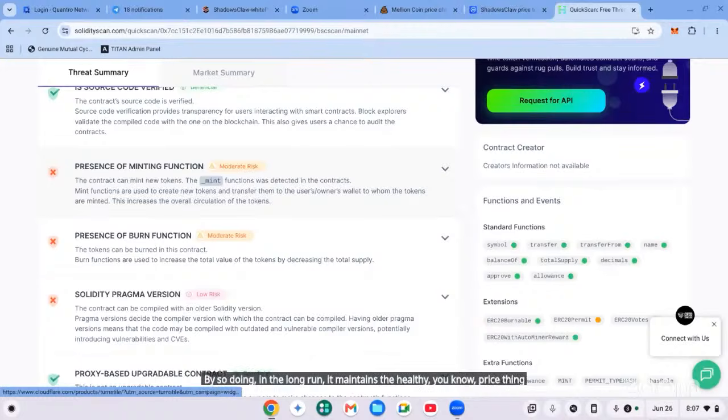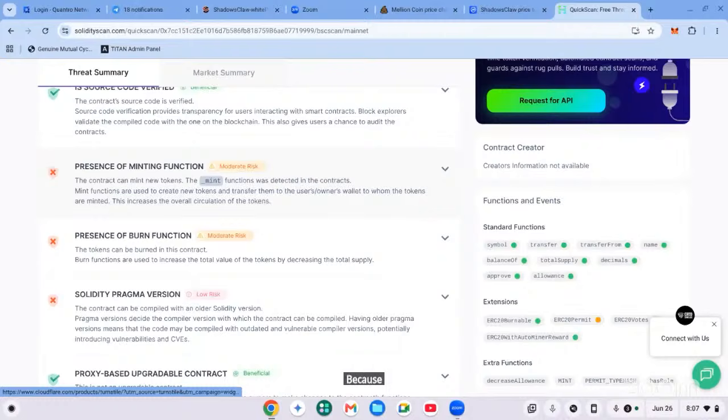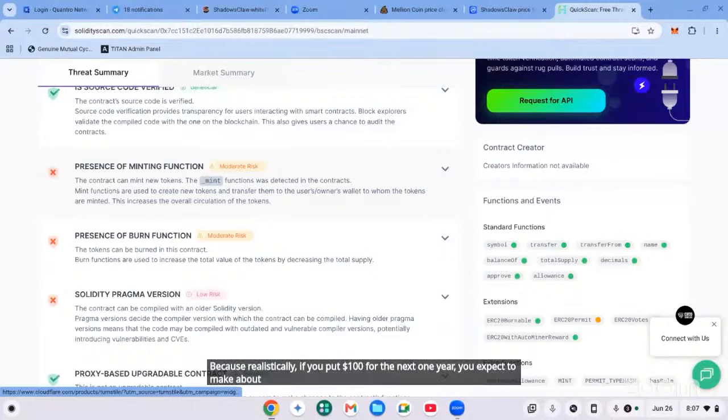Let it not be that today you want to come and start staking and you are acquiring the SAC token at $27. Then after 1 year, after the system has given you, let's say, 23x, because realistically, if you put $100 for the next 1 year, you expect to make about $2,300. Oh yes, and when you put 1,000, it means that at the end of 1 year, you are expecting to make about 23,000.